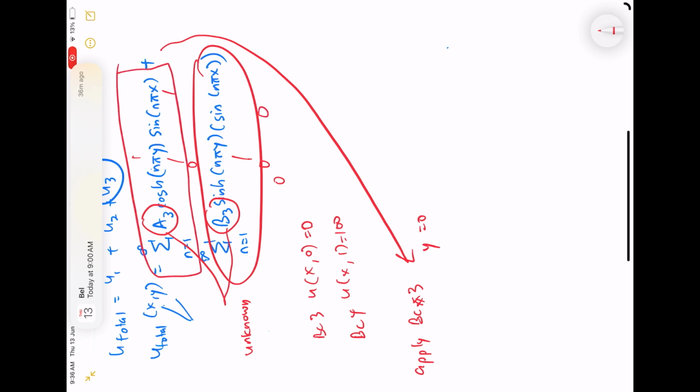So our u total at y equal to 0, and now x becomes the variable, so you cannot touch x, is equal to the summation from n equal to 1 until infinity of a3, and cos n pi y is equal to 1, this becomes 1, and then we have sine n pi x, equal to 0.